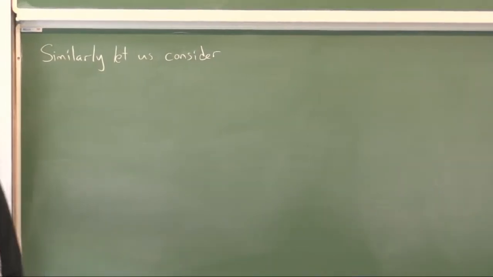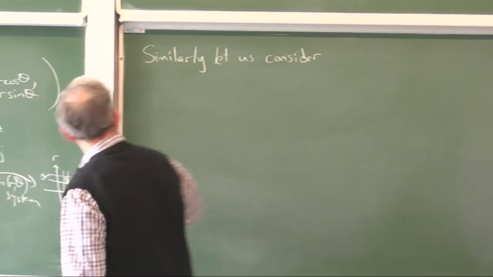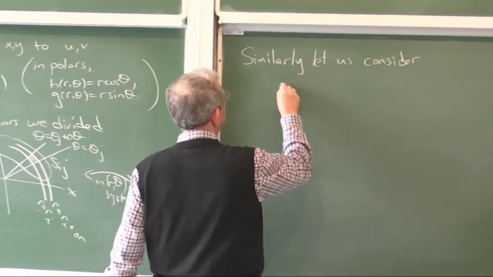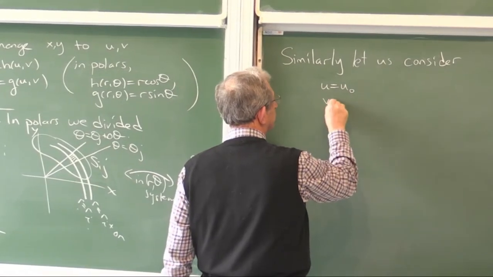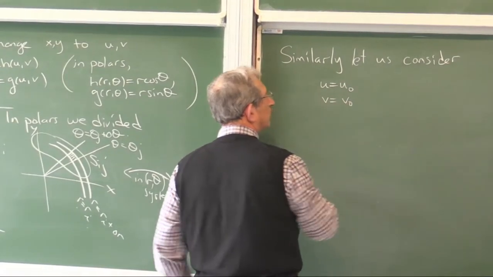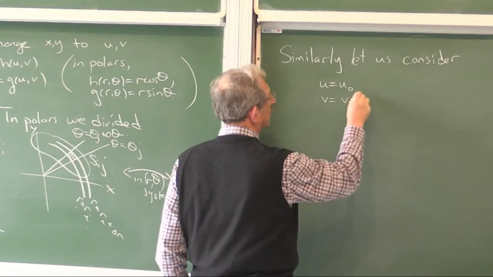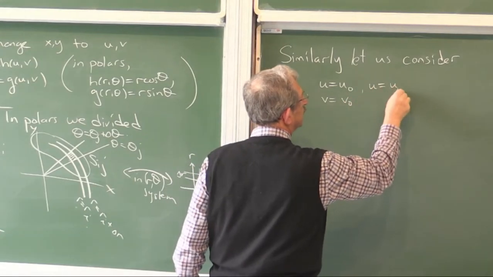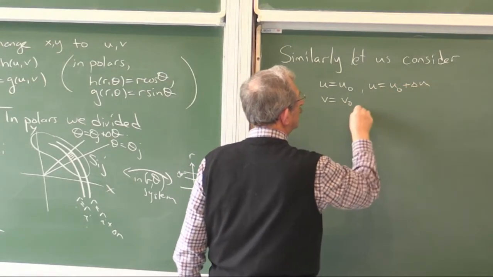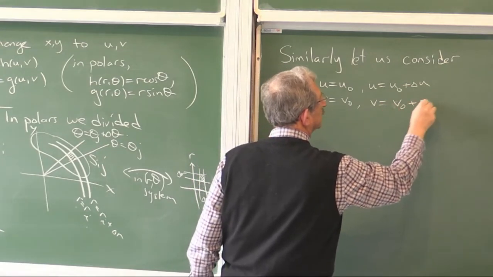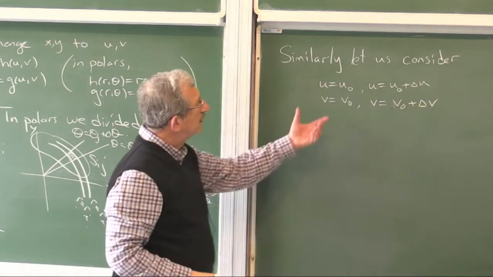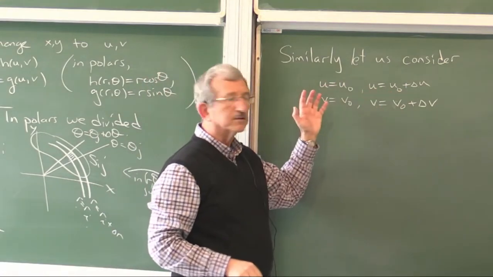Well, this curve was R is constant. So here, U is constant. V is constant. And what are the other two? U is U0 plus delta U, and V is V0 plus delta V. Now here, all four are constants.